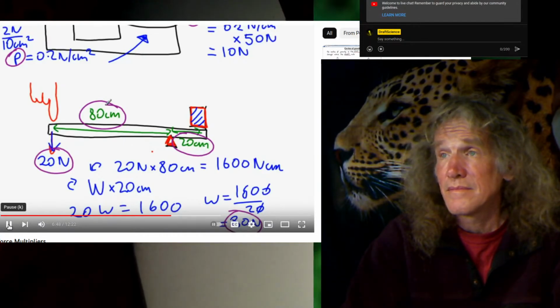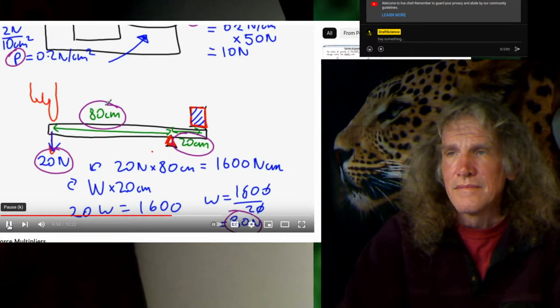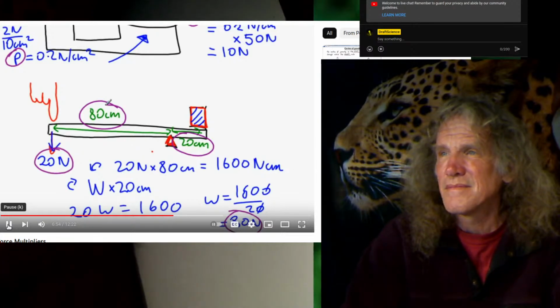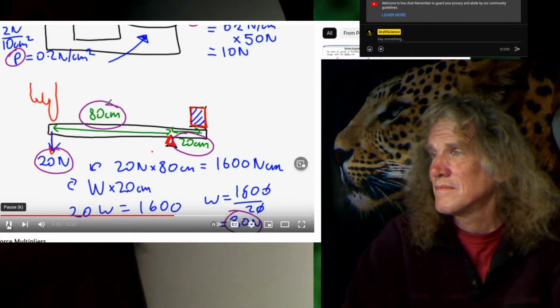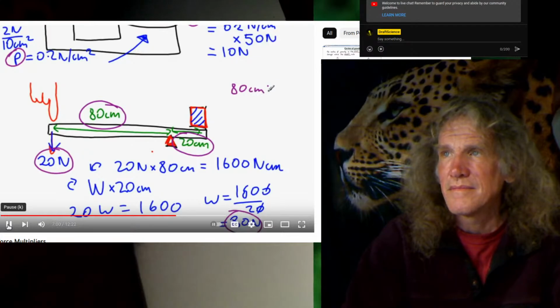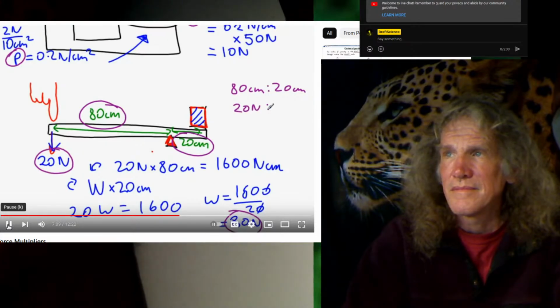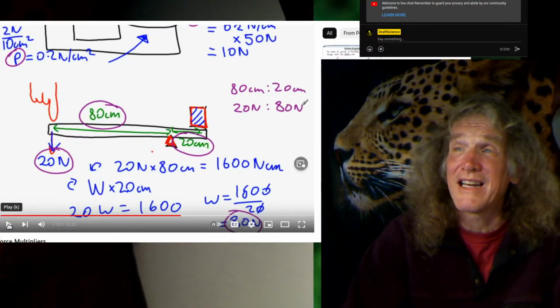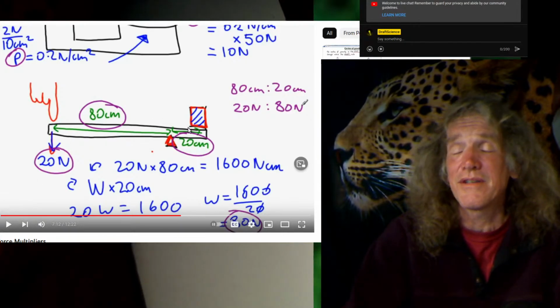Okay, so before, the input area to the output area gave you the input force to the output force, but now you'll just notice that the ratio of the input distance from the pivot was 80 centimeters to 20 centimeters was the output distance, but the force ratio is the opposite way around. I put in 20 newtons, I got 80 newtons out. So it's just backwards from the kinetic energy disproportion, so it really doesn't have anything to do with that.